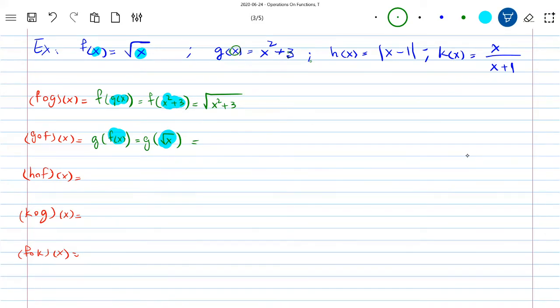Every time I see x in g, I replace it with square root of x. So I will get square root of x squared plus 3. You can simplify it after you find the domain. So the domain here is only positive numbers, because square root of x cannot have a negative number inside. After you find the domain, you can simplify and say square root of x squared is just x, and you'll get x plus 3.